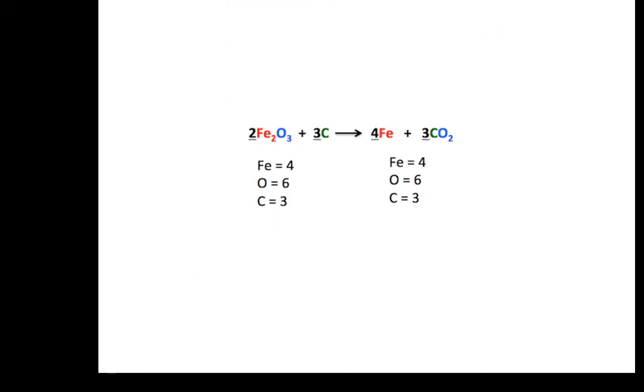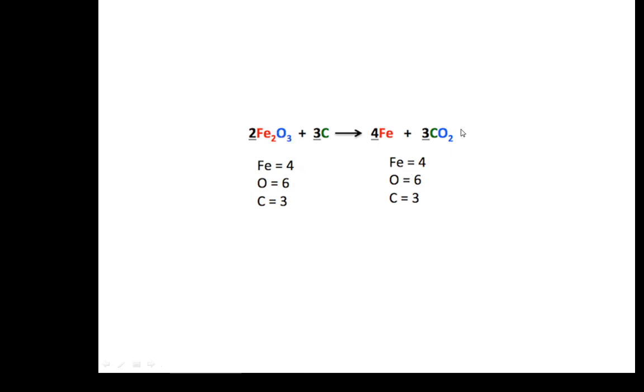Okay, now look here, Fe2O3 plus C gives Fe plus CO2. What is Fe? Iron, O, oxygen, C for carbon. Okay, so Fe should be 4.